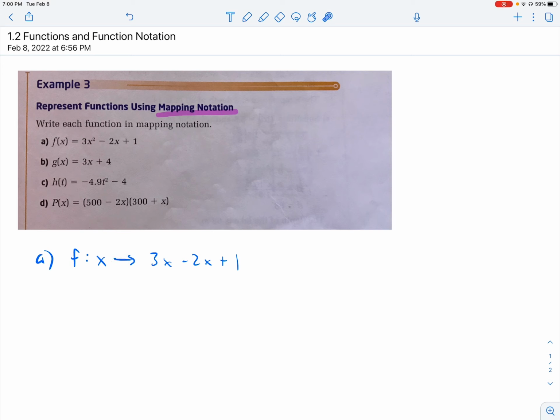Okay. And when we read an equation like this, it's read as follows. I'll just put it in quotes: f is a function that maps x to the equation.